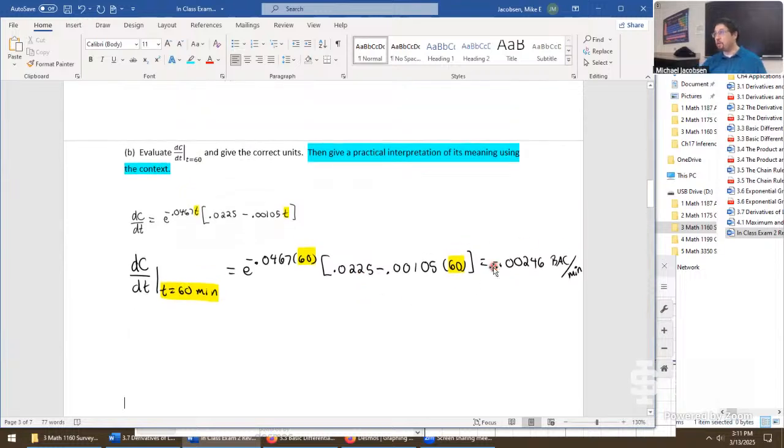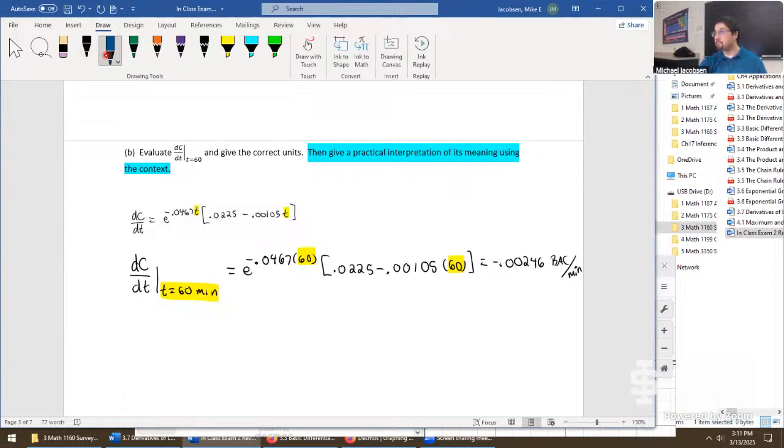So what we should say for our practical interpretation is at 60 minutes after consumption of, this was specifically ethanol, the ethanol. Now we go over here, which is a rate, giving the units is a big help on this, it turns out.